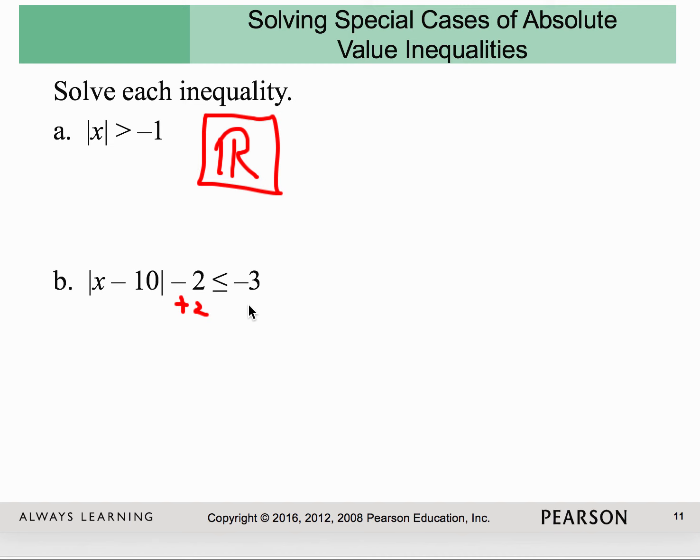All right, let's do this one. Less than or equal to -1. All right, once I get that isolated, if I still have a negative over here, I got to stop and think, wait, this has to be some kind of positive number. What positive numbers are less than -1?